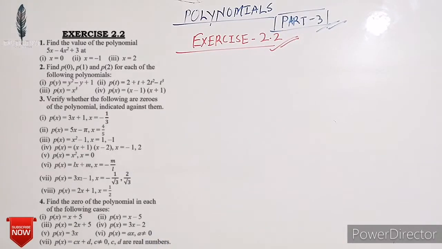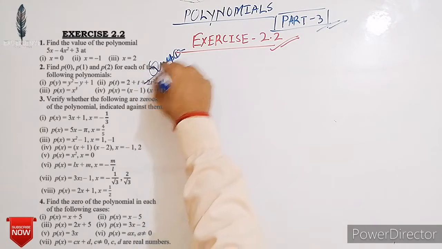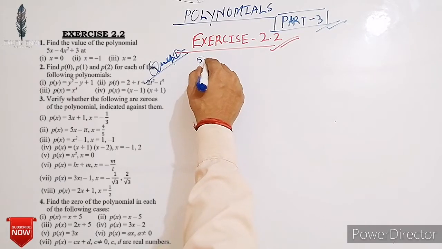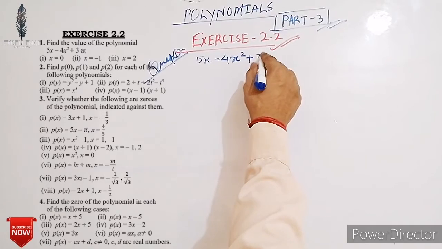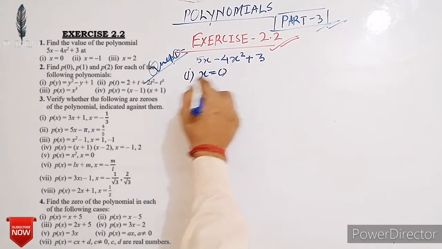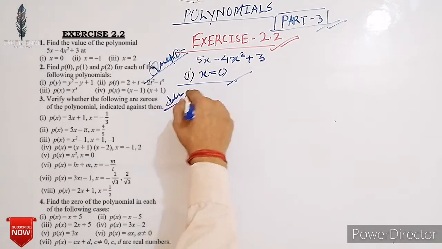So here, question number 1. Find the value of the polynomial 5x minus 4x square plus 3 at x is equals to 0, minus 1 and 2. So first x is equals to 0.